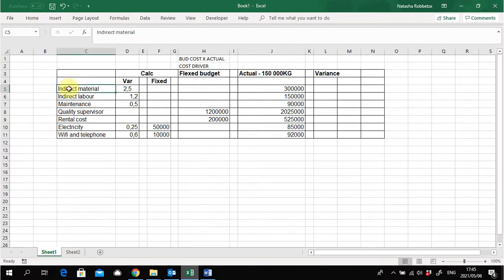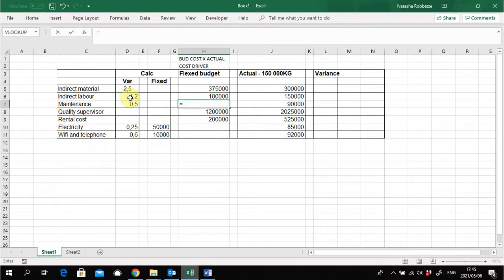So to calculate my indirect material, I'm going to say this 2 Rand 50 times by 150,000 kilograms, which was the actual cost driver. To calculate the indirect labor, I'm going to take this 1 Rand 20 and times it by the 150,000 actual kilograms.